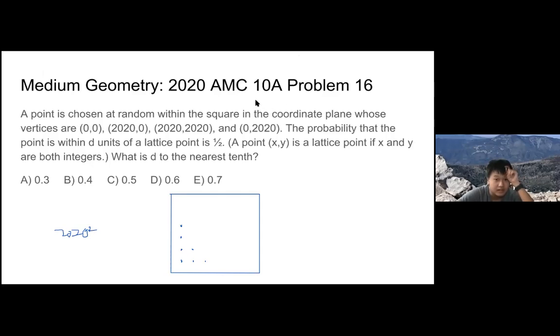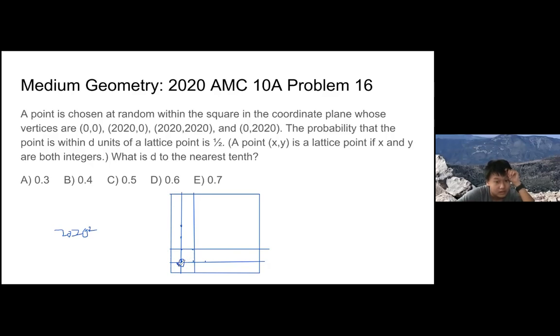Instead, here's an interesting trick. Try simplifying the problem. If we split this big square into a bunch of unit squares, and we consider the area within d units of a corner, you get that they're all circles of radius d.